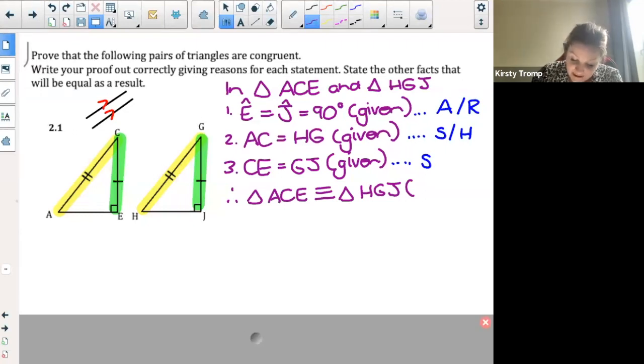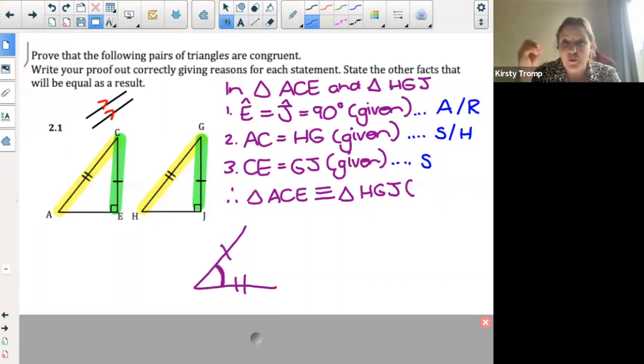When you have that happening, the angle needs to fall between those two equal sides. So I like to say this: when those two sides are equal, it's almost like those sides are hugging that angle. So you've got your two equal sides in your triangle, and those two equal sides are hugging that angle. They say that the angle is included.